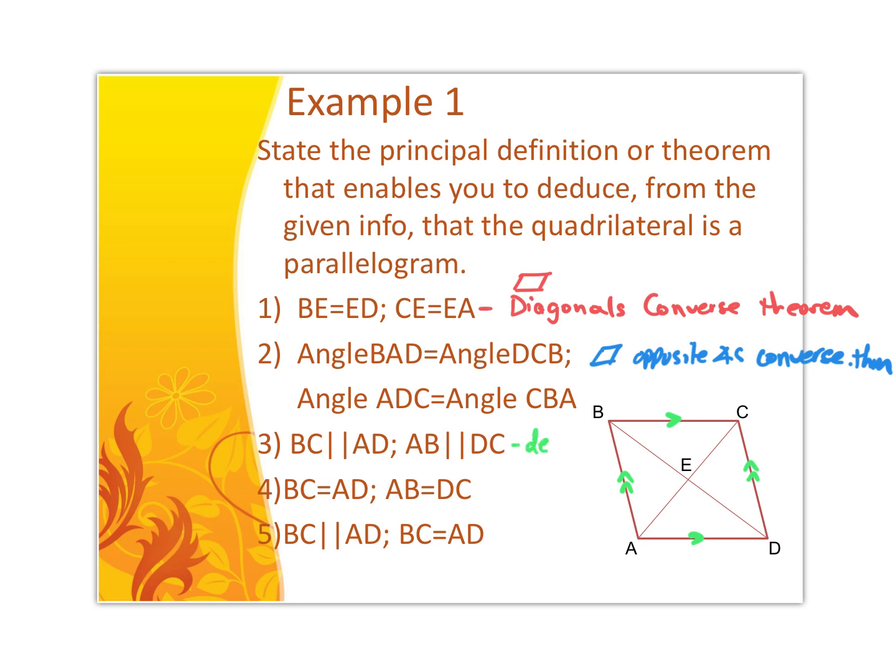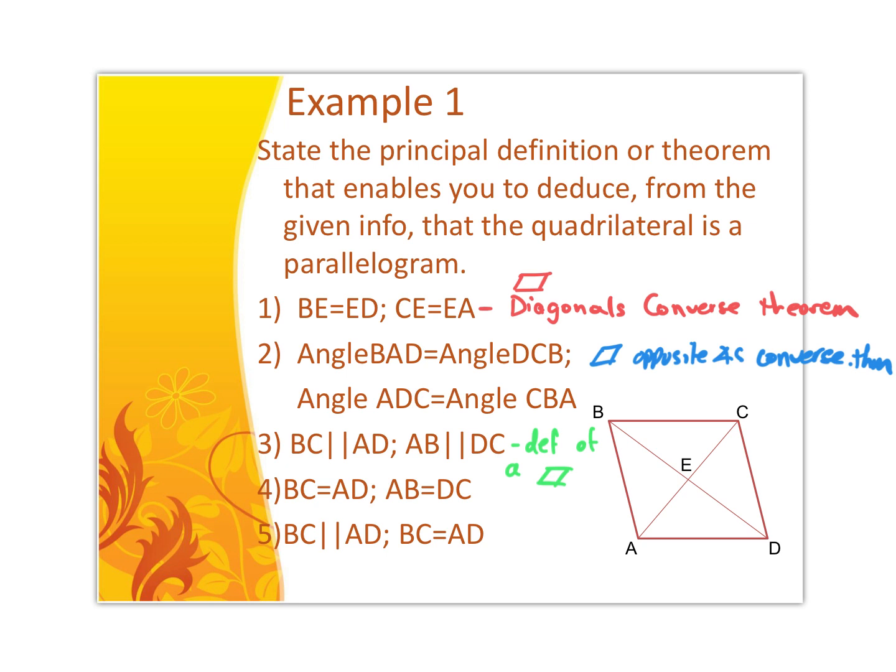So this is the definition of a parallelogram, okay? If I can prove that these 2 sides are parallel and these 2 sides are parallel, then I know the shape is a parallelogram just because it meets the definition of a parallelogram. So it's just a definition, not a theorem. I keep going.